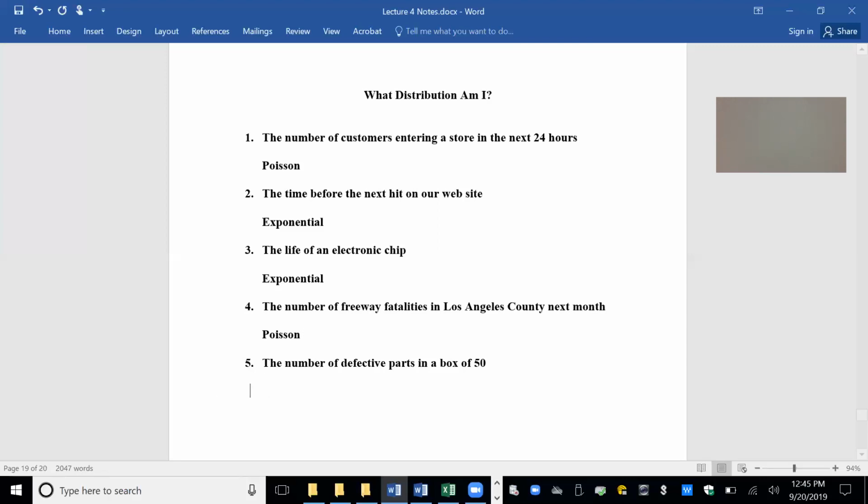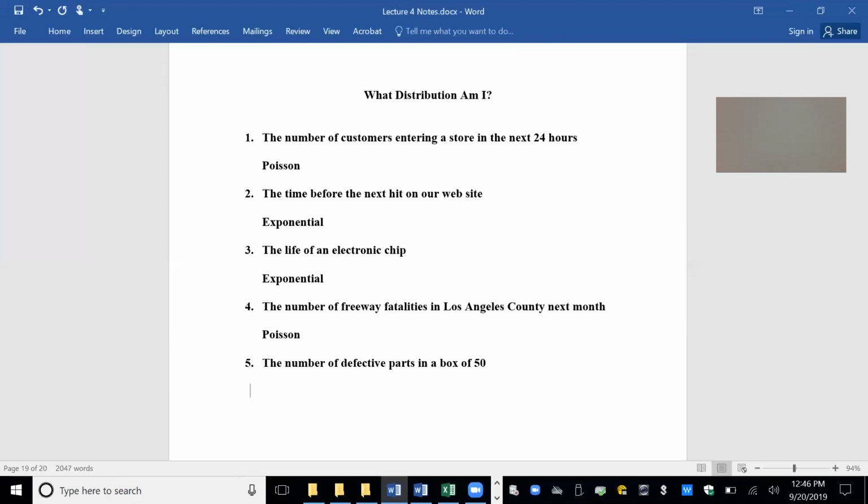And finally, the number of defects in a box of 50 parts. Can it take on the value 1.234 defective parts? No. Is there an upper bound?